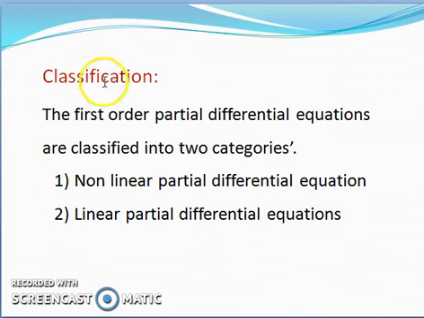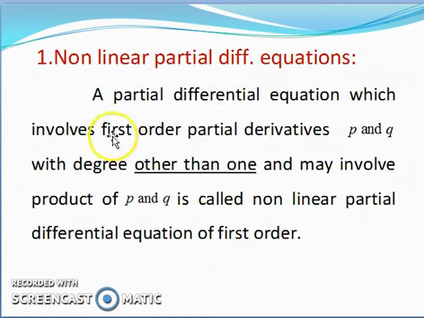Now, classification of a first order partial differential equation. The first order partial differential equations are classified into two categories. First one, non-linear partial differential equations and second, linear partial differential equations. What is meant by non-linear partial differential equations?